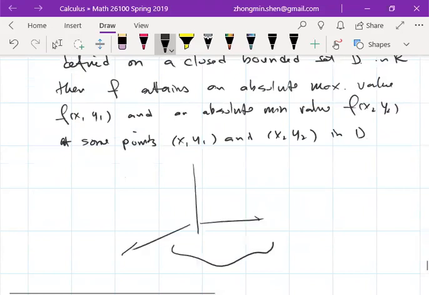This is a bounded domain D, a closed set. Closed means it's not open, including the boundary. If the function is not broken, think about it, right?